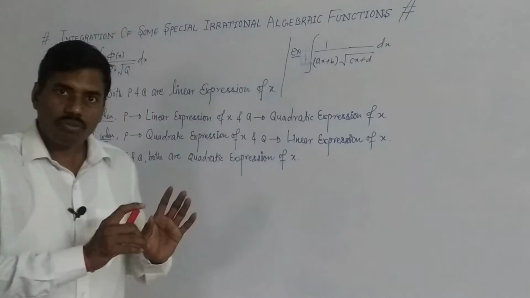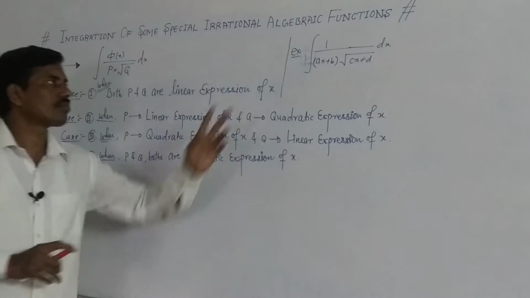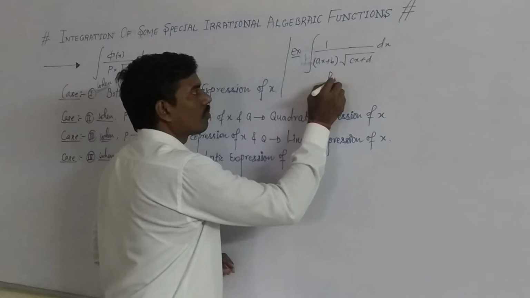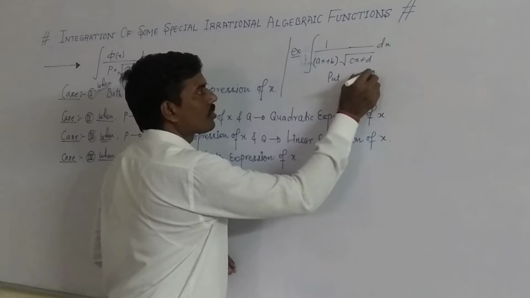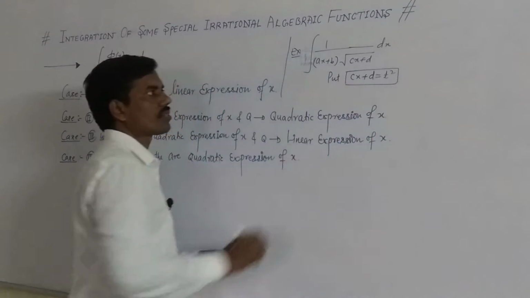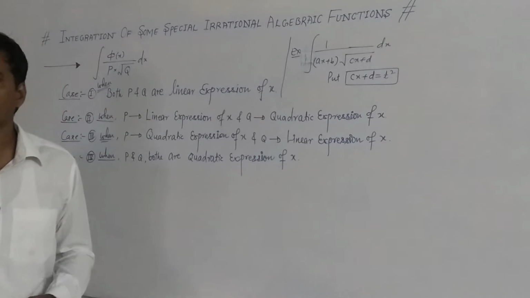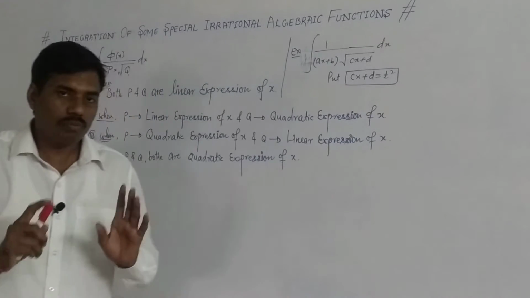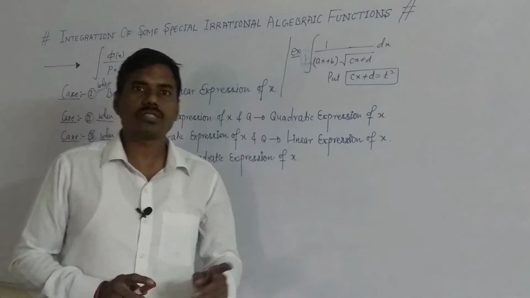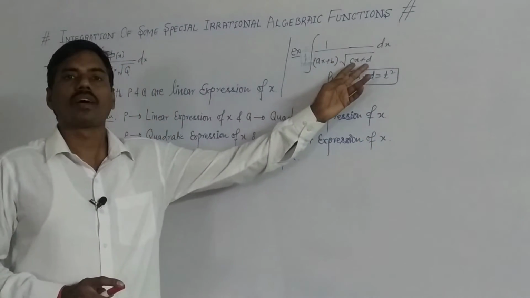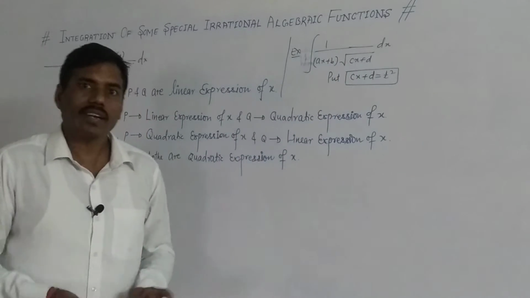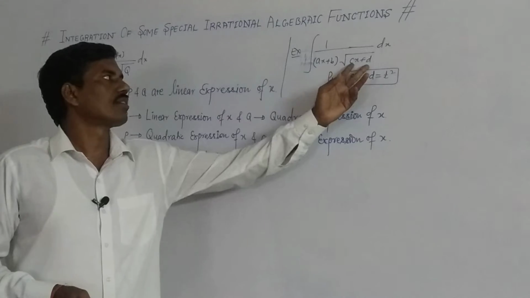Okay, so for integration of such type of integral, we have to put cx plus d is equal to t square. Clear? Means we have to put t square in place of what is in the radicand sign, that is under root of cx plus d.